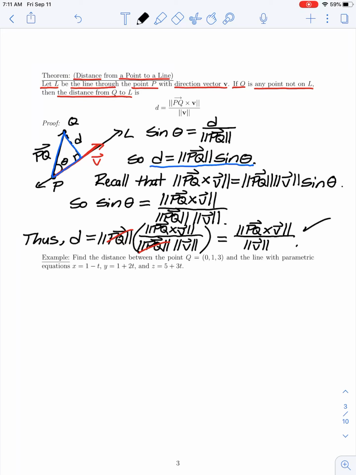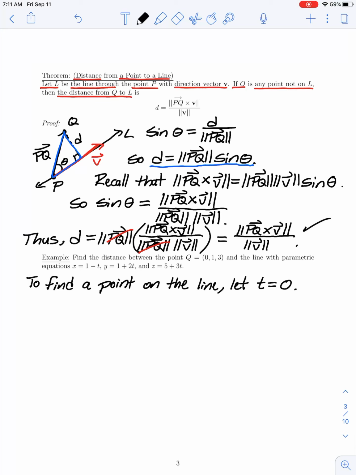First, I need a point that lies on the line. I need a point P, which is on my line. So to find a point on the line, let's choose some value of t to substitute into these parametric equations.